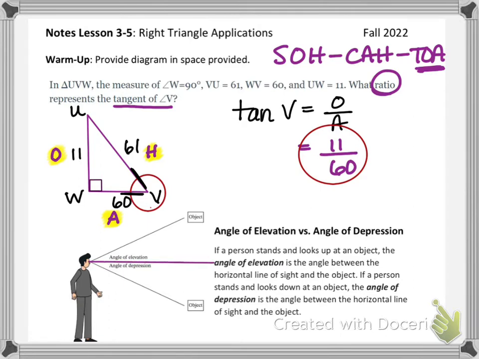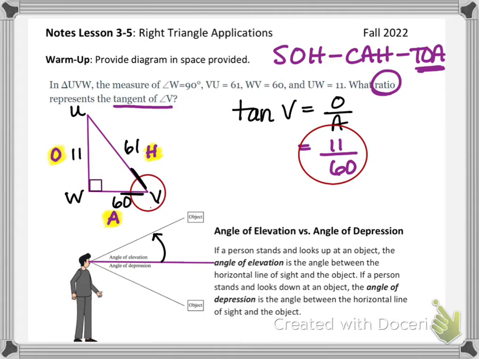So I've drawn that horizontal from that man's eyes, showing you that's his normal line of vision. But sometimes he may look up for a reason. For instance, he sees a plane flying overhead. So that means from the horizontal, his eyesight went up. So the angle that he raised his eyesight, that measurement is called the angle of elevation.